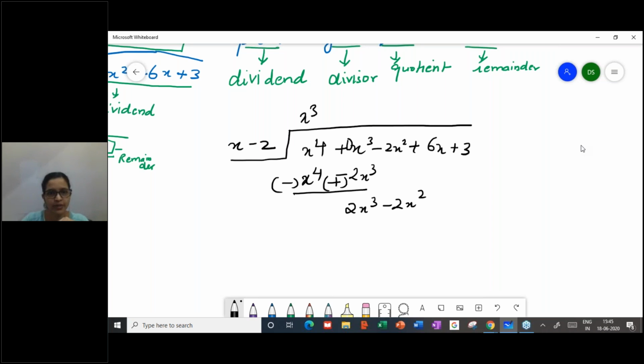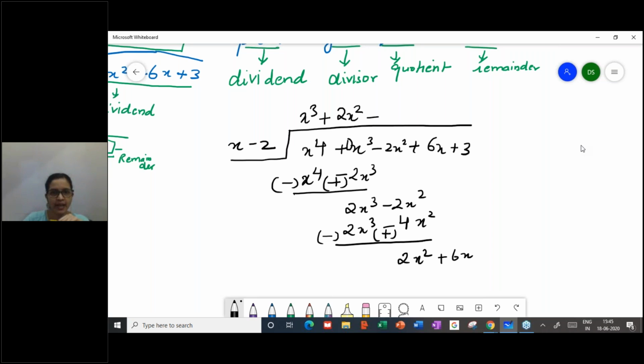Now I want x cube, so I multiply with plus 2x square. I get 2x cube minus 4x cube. There will be a sign change, and this gets cancelled. 4 minus 2 gives you 2x square plus 6x.